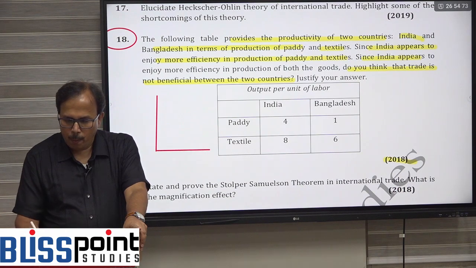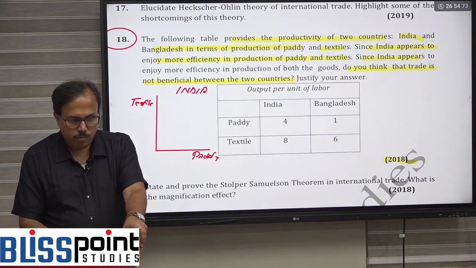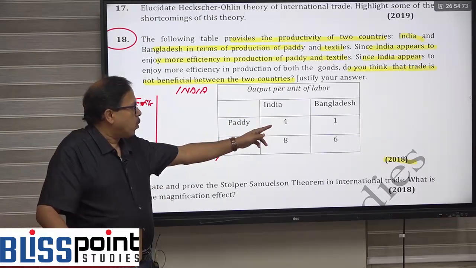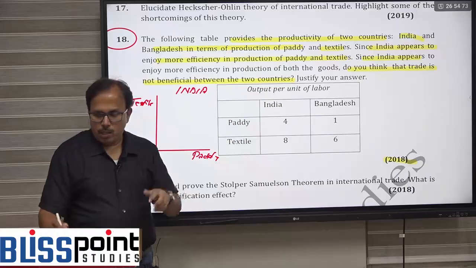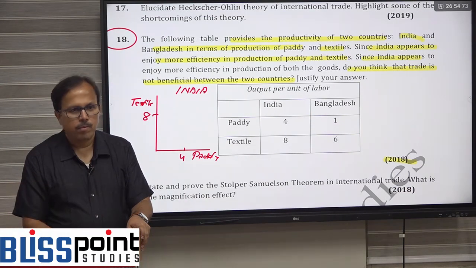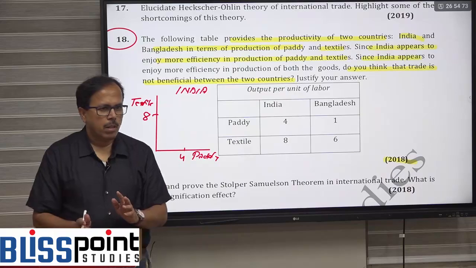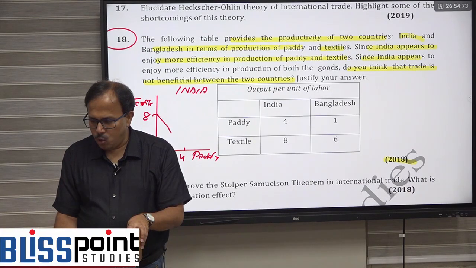Suppose I draw the production possibility frontier for India, and always make a practice that the first information you write on the x-axis, second you write on the y-axis. So in 1 hour India can produce 4 units of paddy or 8 units of textile. So I will simply write the numbers 4 and 8. These are two options. In between there can be possibilities, so you can just connect these 2 points.